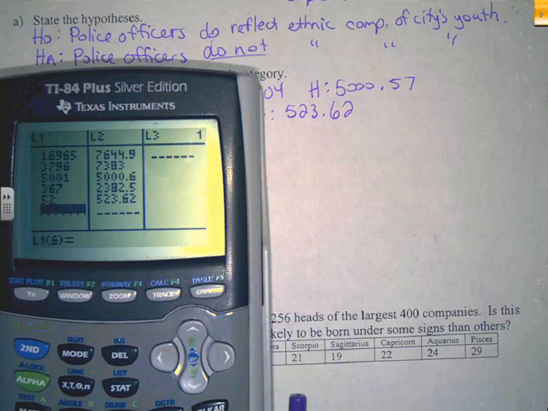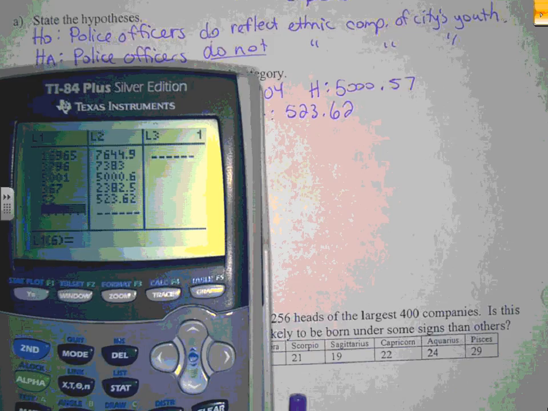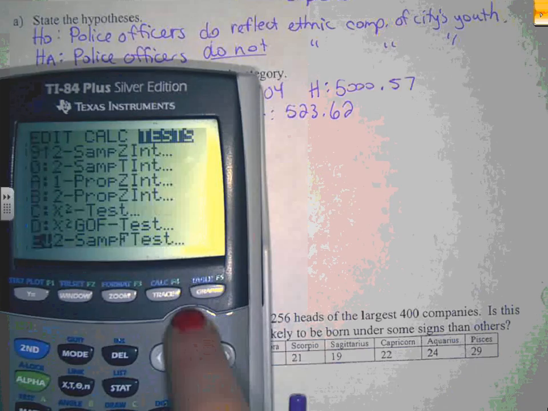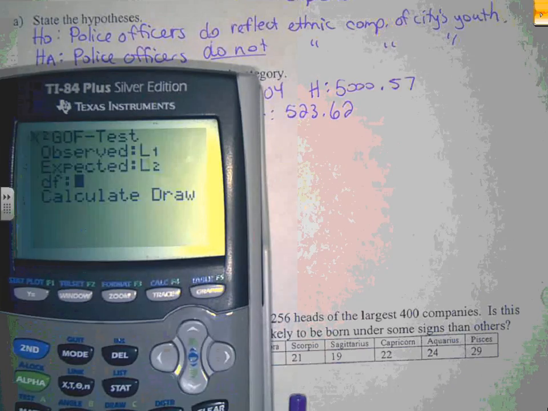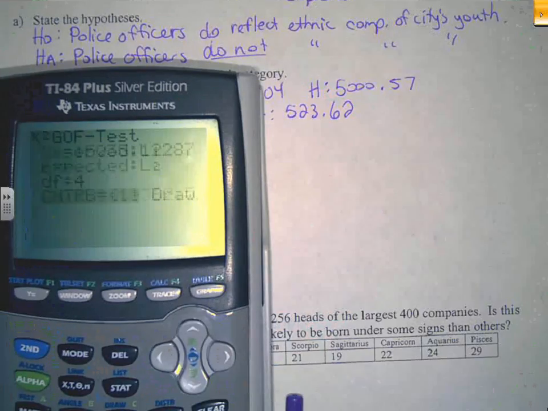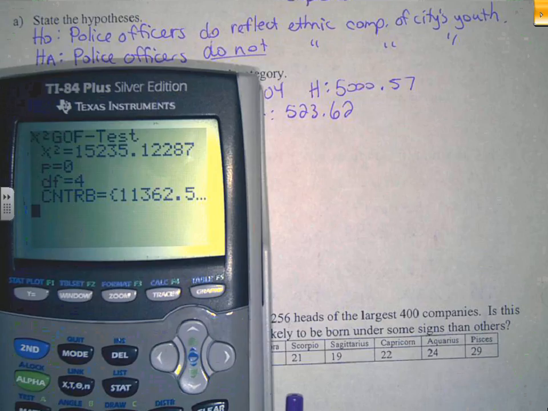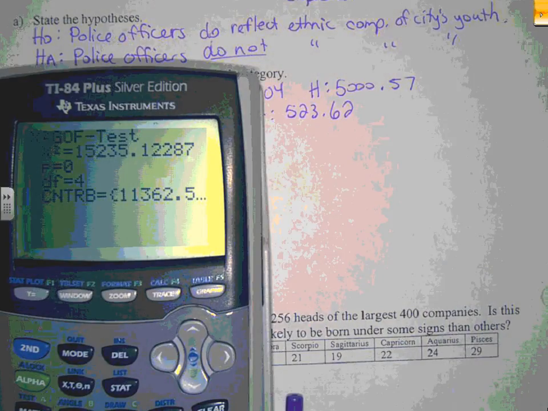The test itself is really easy. I mean, it's one button in the calculator. It's setting it up. Okay. There we go. That is right. Anyone else get something similar? The same?